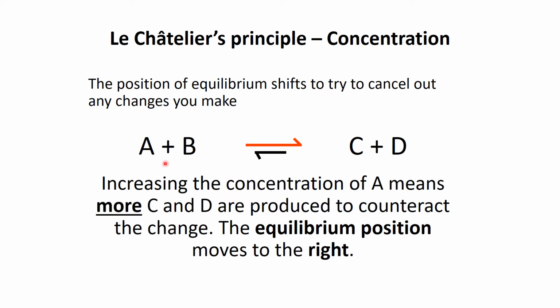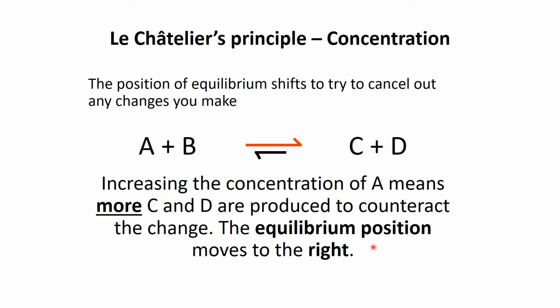What will happen is that as you increase the concentration of A, the system shifts the equilibrium to try and cancel out that change. So if you increase the concentration of A, the system opposes that change by pushing the equilibrium to the right to try and decrease the concentration of A. That means that you form more of C and D. So you can see here it says increasing the concentration of A means that more C and D are produced to counteract the change.